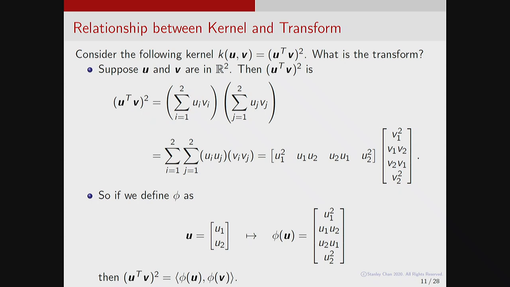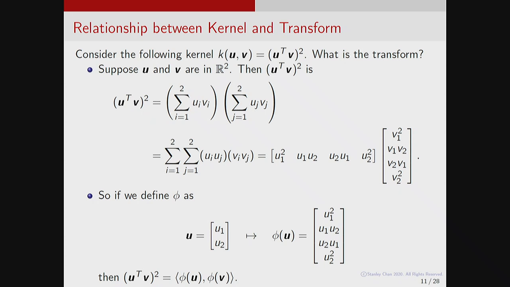Well, you can follow these steps. It's according to my definition. I can write the definition using the transpose, and then since you have a square, you have two of them. Then you can expand them out, and then you can write them as these two vectors. Now if you transform u to this phi of u, into these numbers, then you will get the kernel.